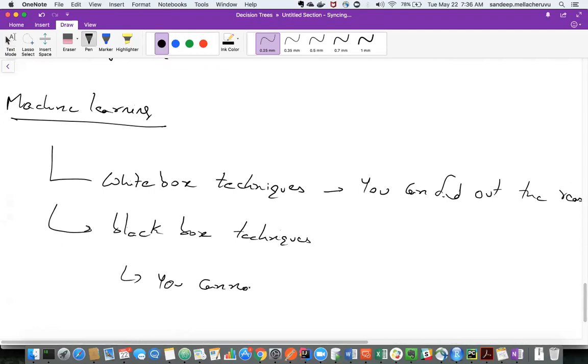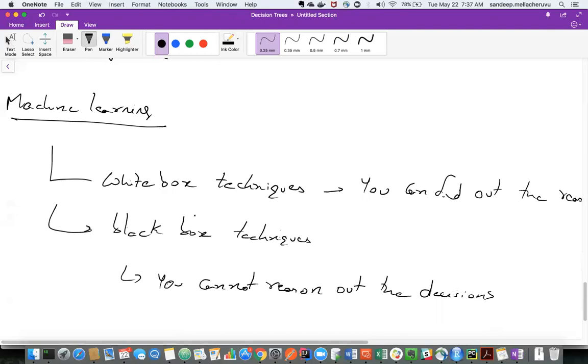You cannot reason out the decisions. So two kinds of machine learning models are present. One is white box techniques, another is black box techniques.